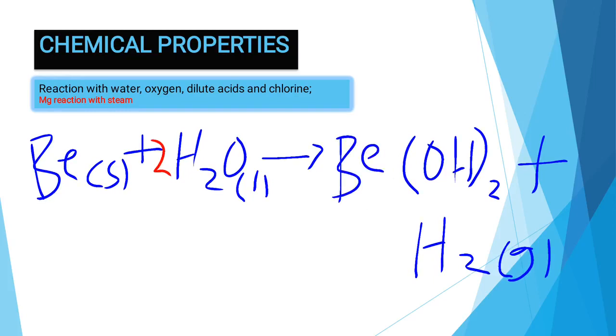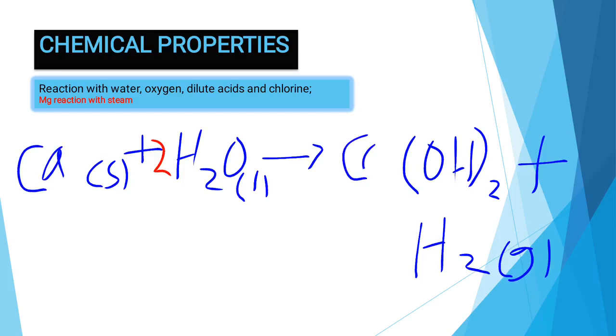You know that the balancing will still be the same because we are using elements within the same group, that is group 2. For calcium reacting with water, we just need to have calcium and calcium here to give us calcium hydroxide and hydrogen gas.